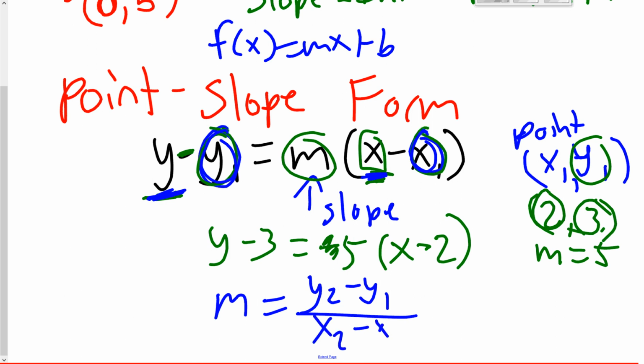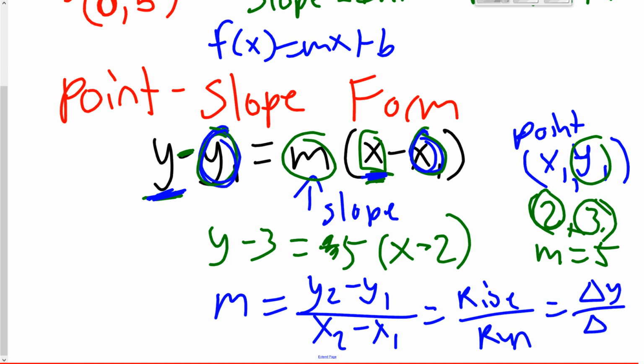You rise with your y's and you run with your x's. That's how I remember it, and I'm just silly like that. So rise over run, or your change in y over your change in x. That's what that means with the triangles.